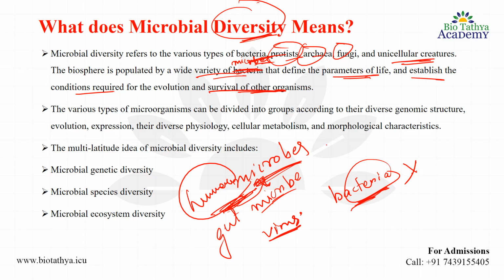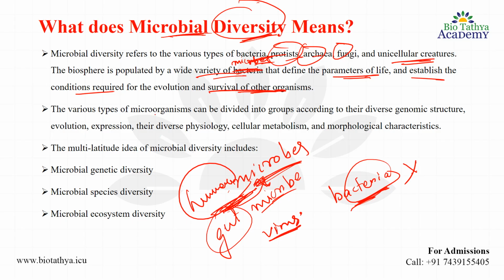The survival of these bacteria is very important for the survival of our gut. A healthy gut means that the gut is composed of a healthy amount of microorganisms. So obviously we can understand that this microbial diversity is hugely related to the survival of organisms like humans.